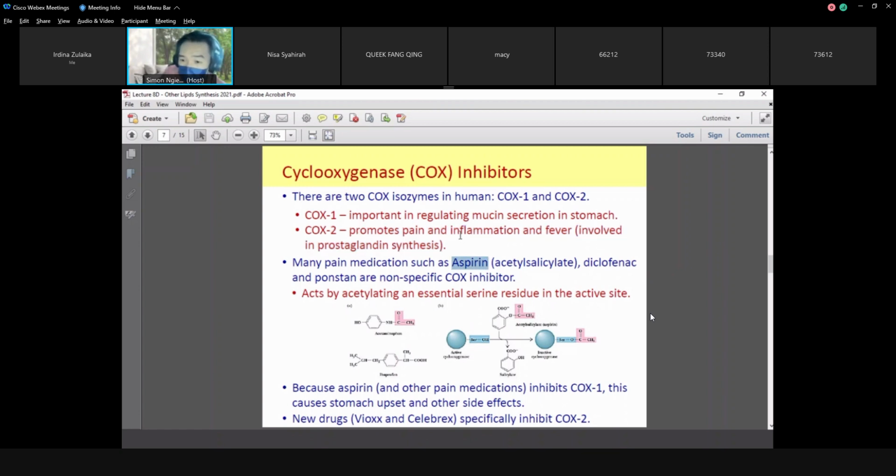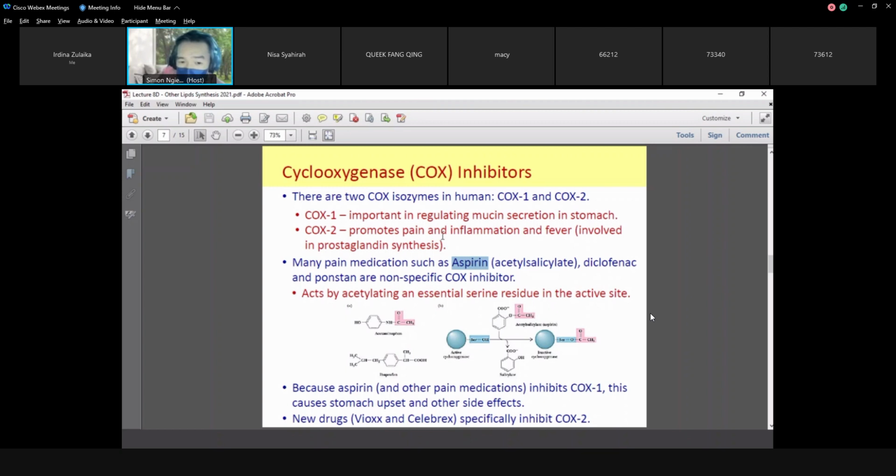When people have a certain inflammation, fever, or certain soreness or pain in certain places that are very painful, like when you go to see the doctor, or sometimes you go to buy some painkiller, for example aspirin.